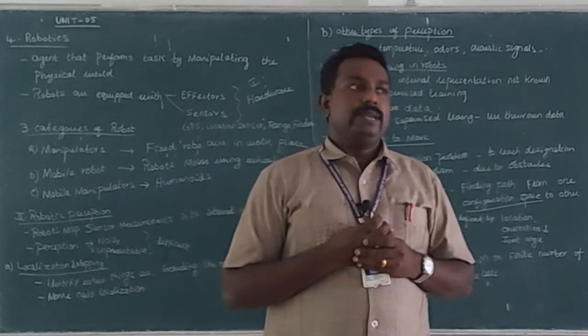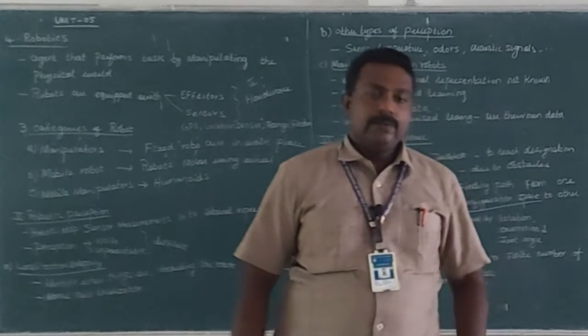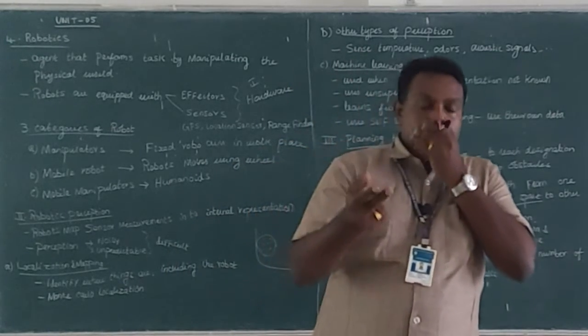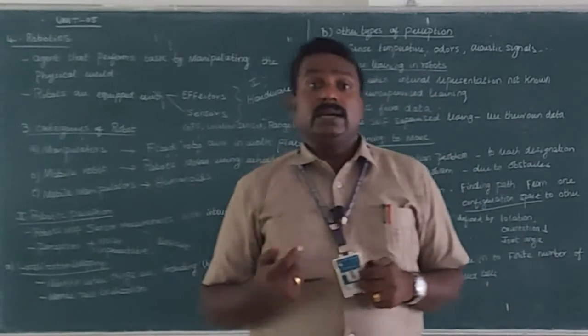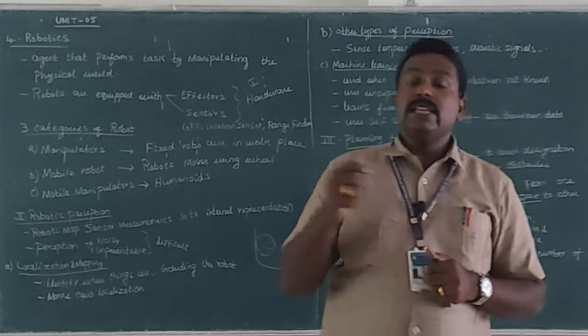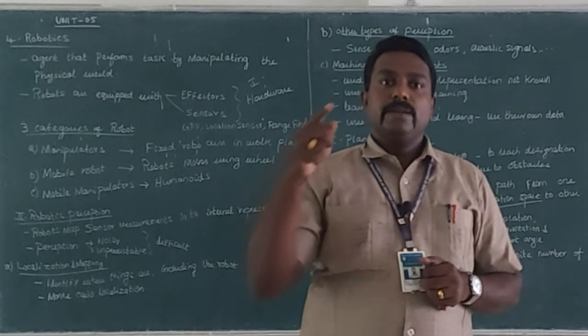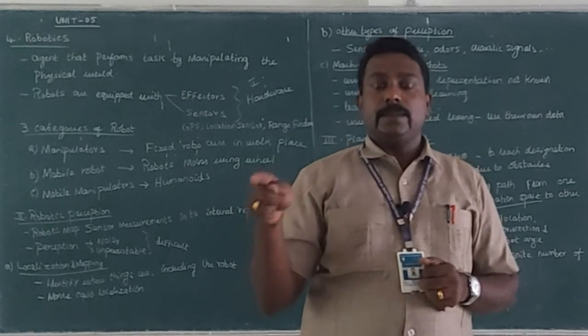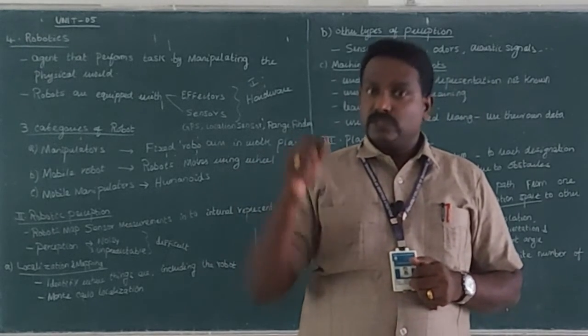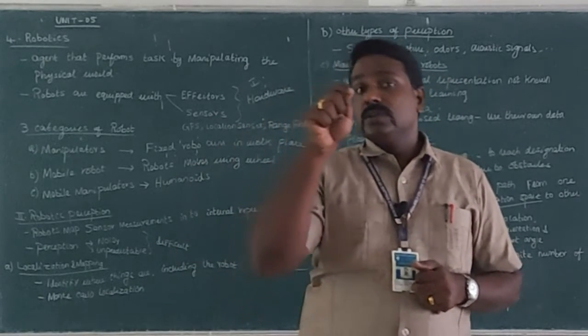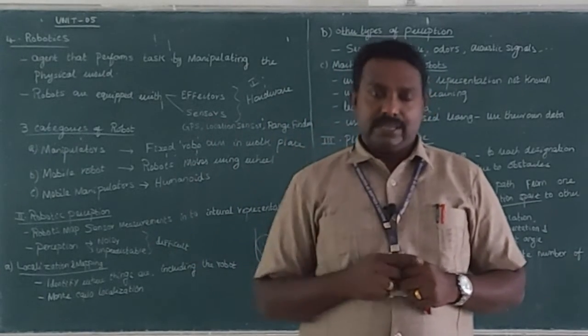For example, if you are going to a driving school to learn how to drive a car, the teacher will tell you what is the brake, what is the steering, when to apply the brake, when to apply the clutch and other things, right? So there is someone to teach you what you should do and what you should not do. This you call supervised learning.